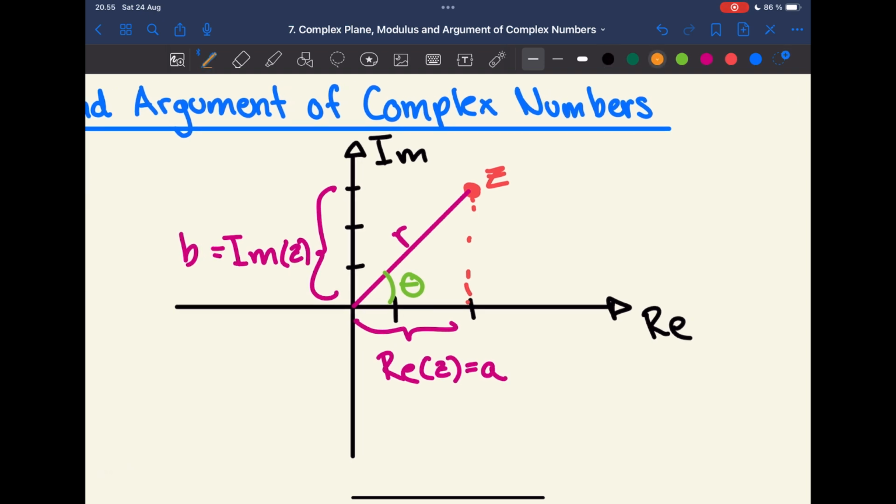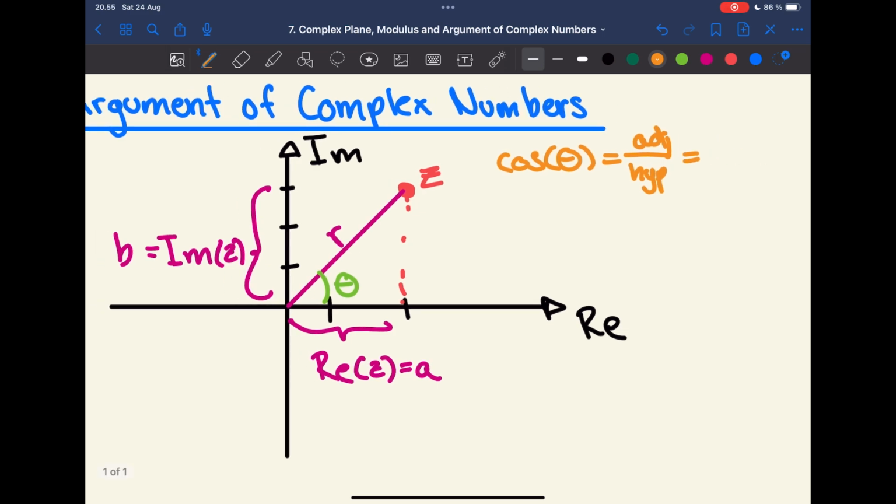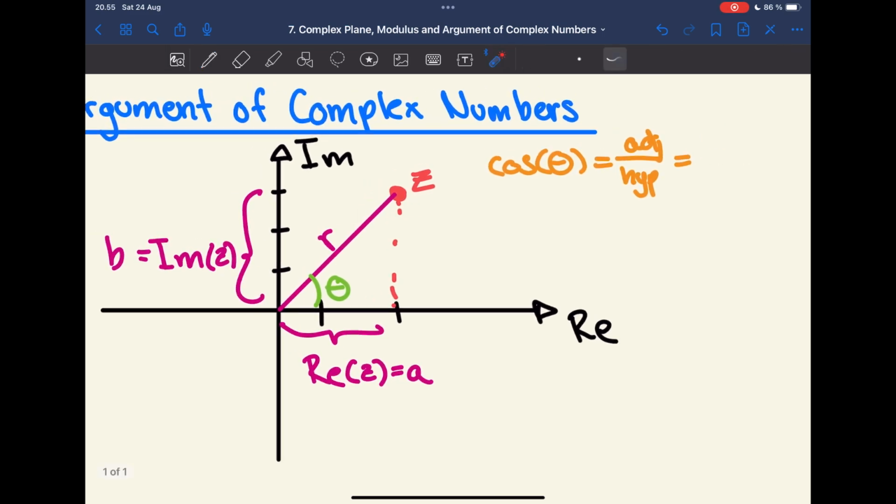Okay, we know our cosine and sine. So let's just look at cosine. And if we remember our SOHCAHTOA, then we have that this is equal to the adjacent over the hypotenuse. And okay, it's pretty easy here to see the adjacent side. Well, that's just a, because that's just our real part.